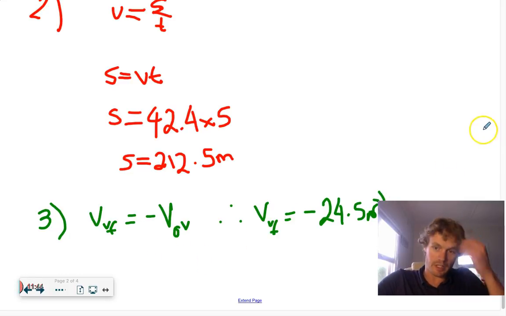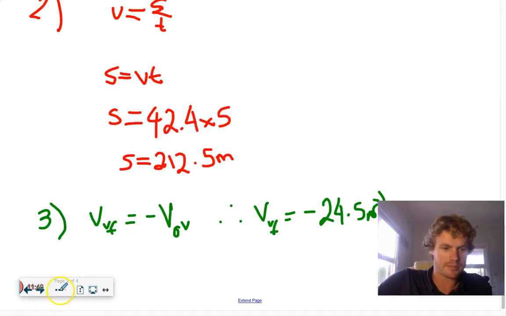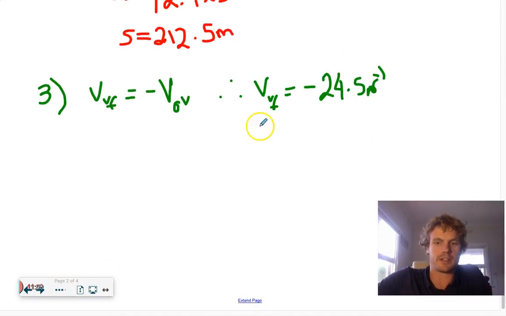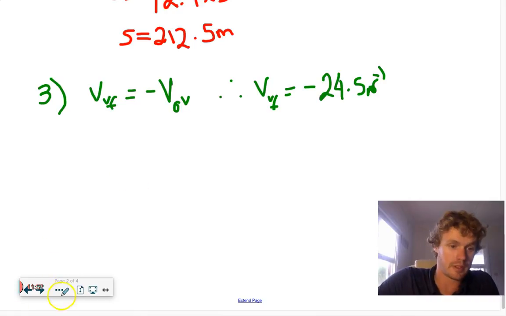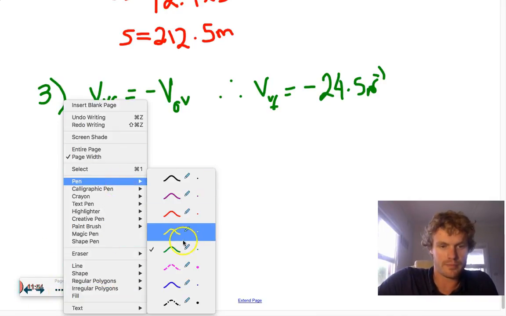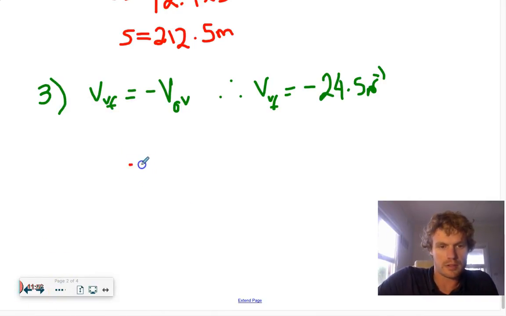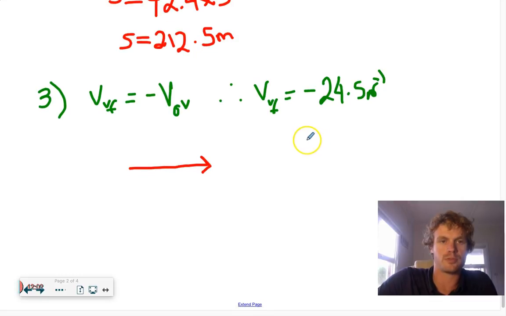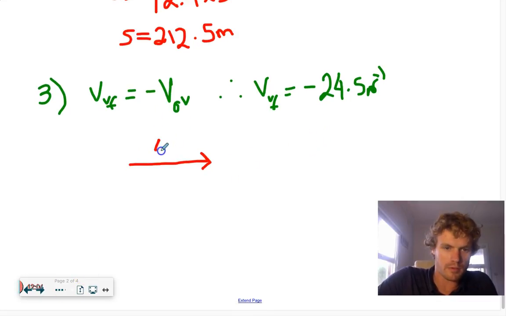So when I come to drawing the vector diagram for this, the negative represents going in the opposite direction to what it once did. So my horizontal is going to be, again, the 42.4 meters per second.